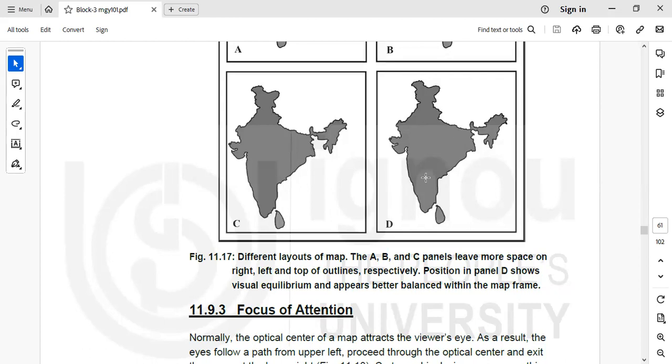So here, this is D. It appears a better balanced figures.